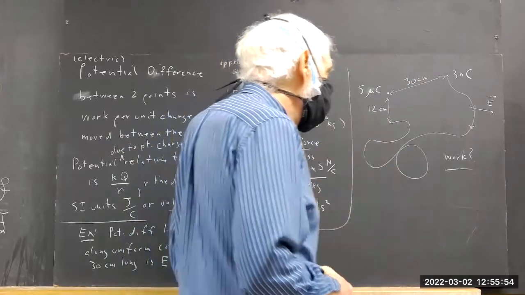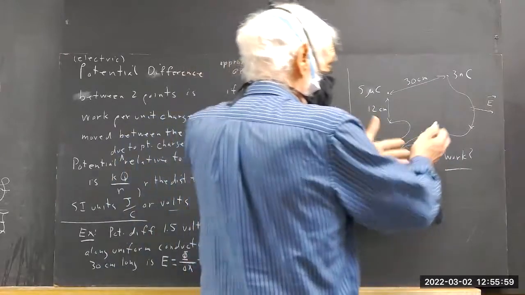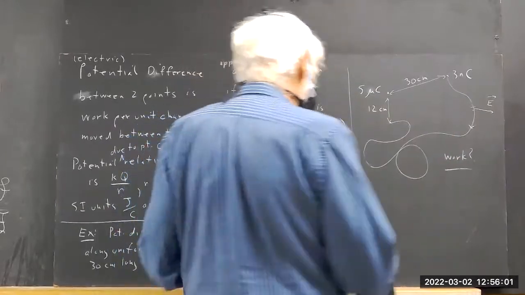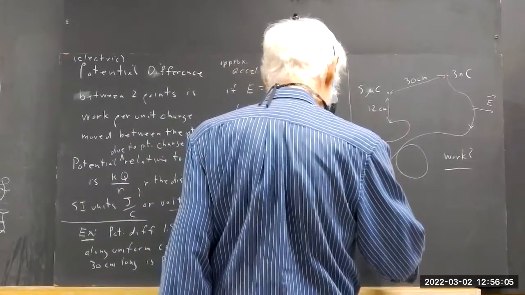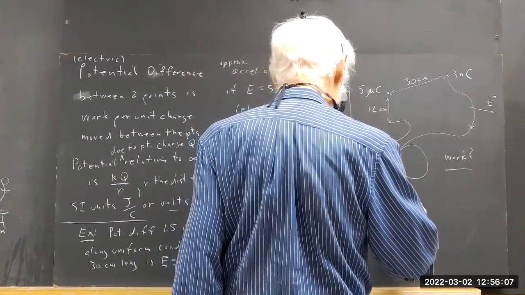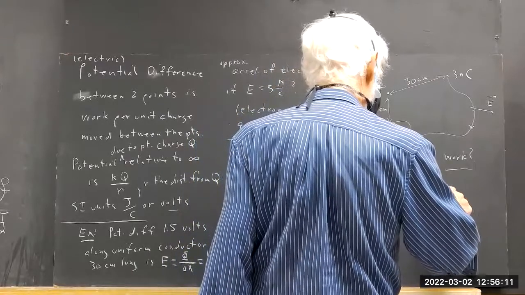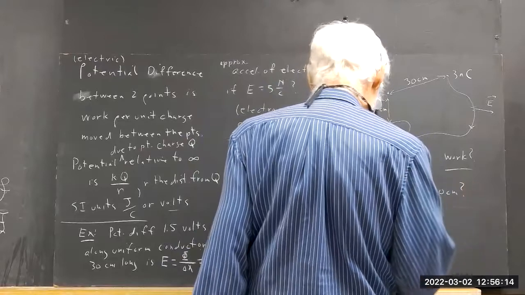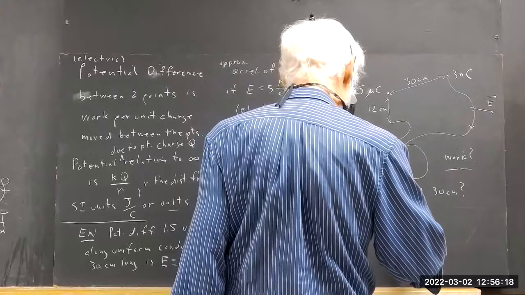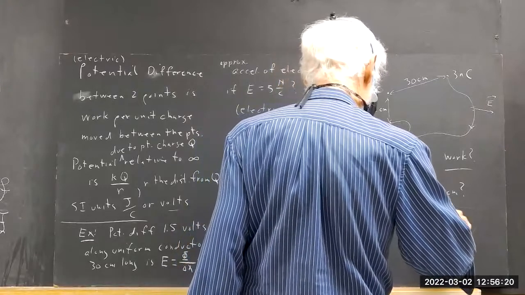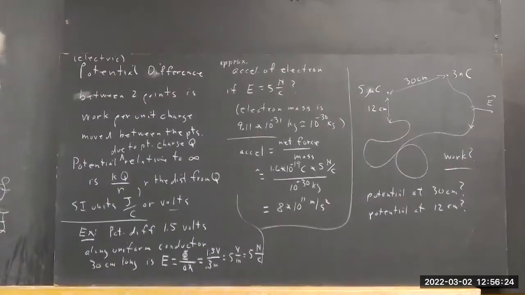So calculate this line integral if you wish. All you have to do is use the potential. So what's the potential at 30 centimeters, and what's the potential at 12 centimeters?